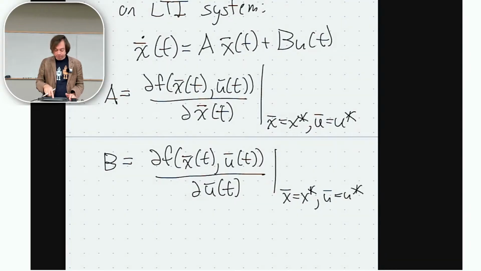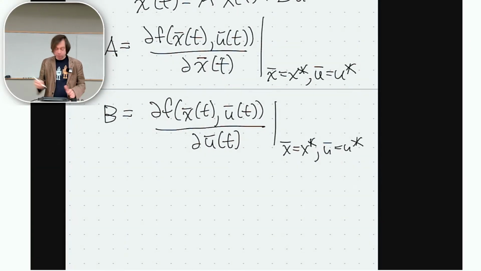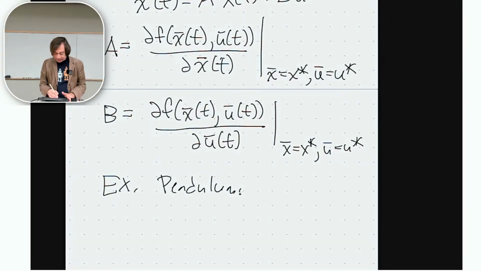All right. So let's do an example with our friend the pendulum, where we had our state x star equal to theta star, theta dot star.